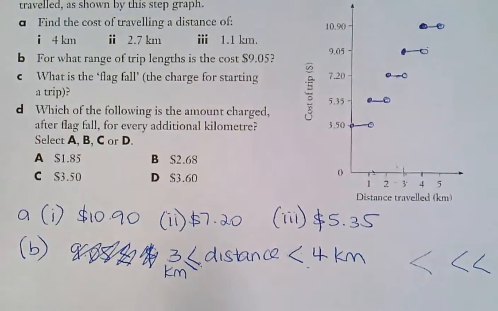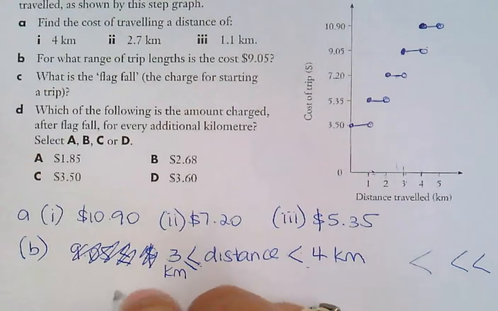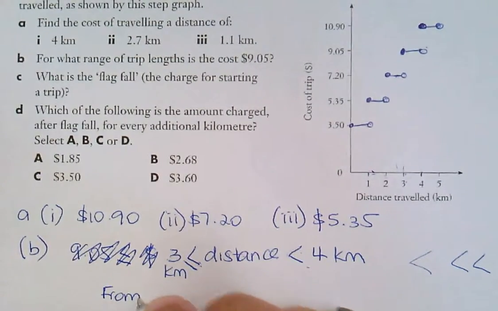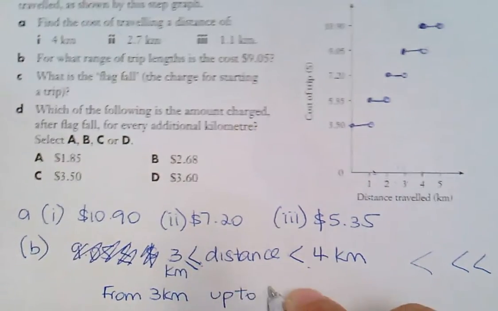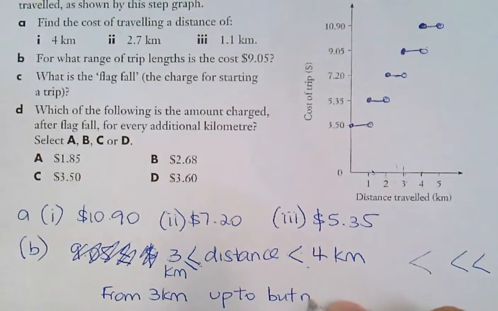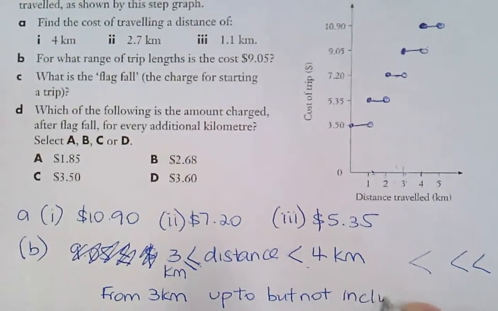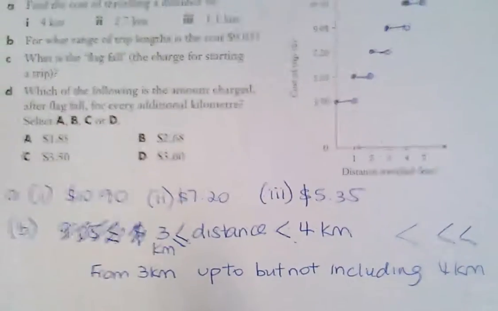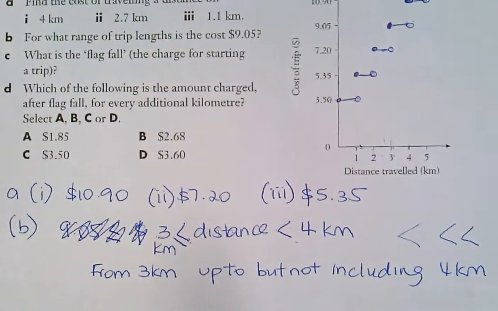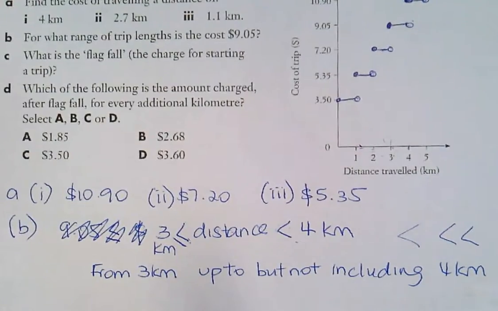Okay, now that's really important. How would you say that in words? What is the range of trip lengths? From 3 kilometres up to, but not including 4 kilometres. So it's from 3 kilometres, including 3 kilometres, up to, but not including 4 kilometres.